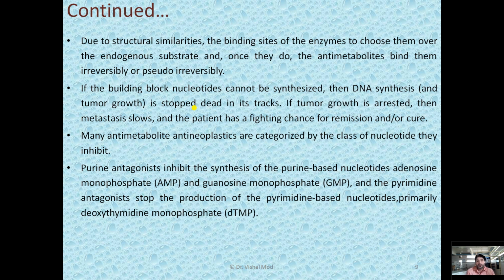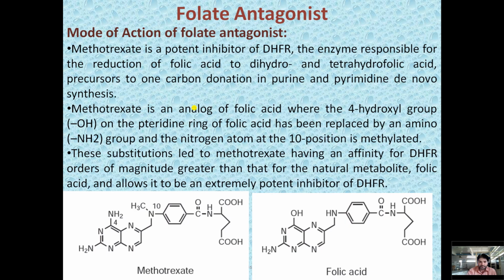Now, purine antagonists inhibit the synthesis of the purine-based nucleotides adenosine monophosphate and guanosine monophosphate, and the pyrimidine antagonists stop the production of the pyrimidine-based nucleotides, primarily deoxythymidine monophosphate.